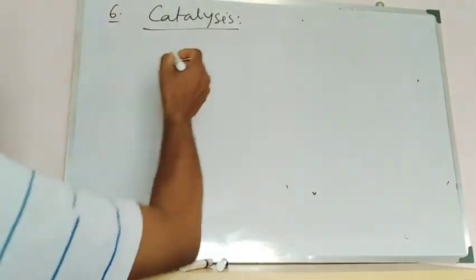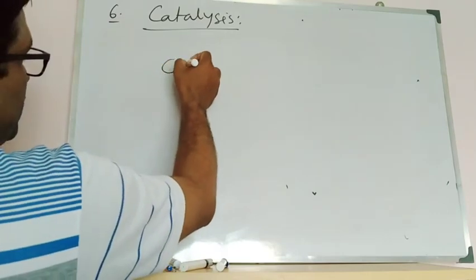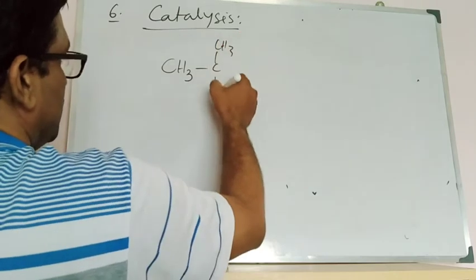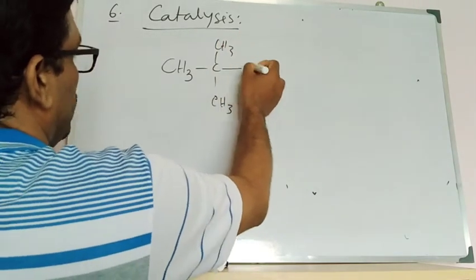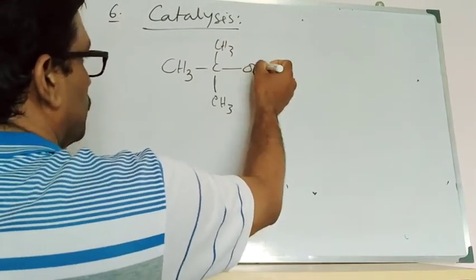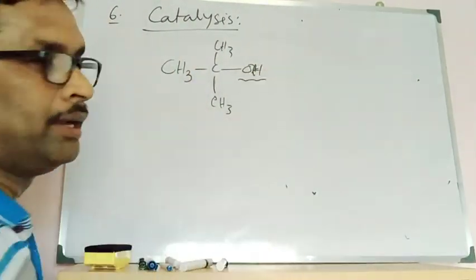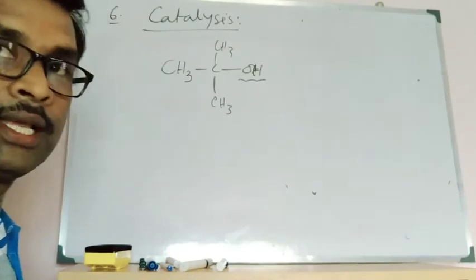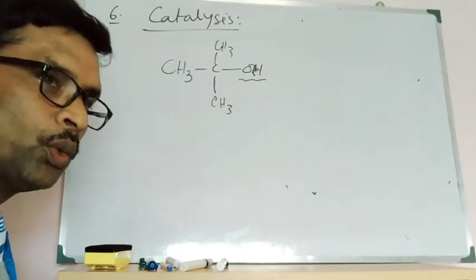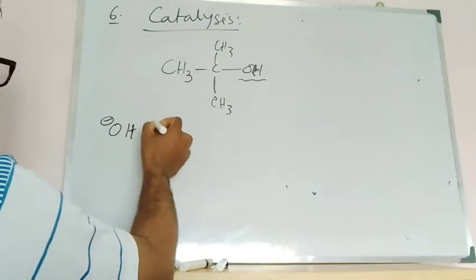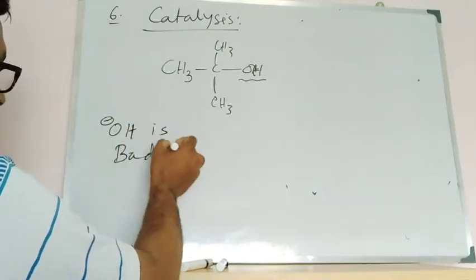So take an example of this one, that is (CH3)3C-OH. All of us know that OH is a very bad leaving group. OH minus is a strong base. That's why its energy will be very high. So OH minus is a bad leaving group.